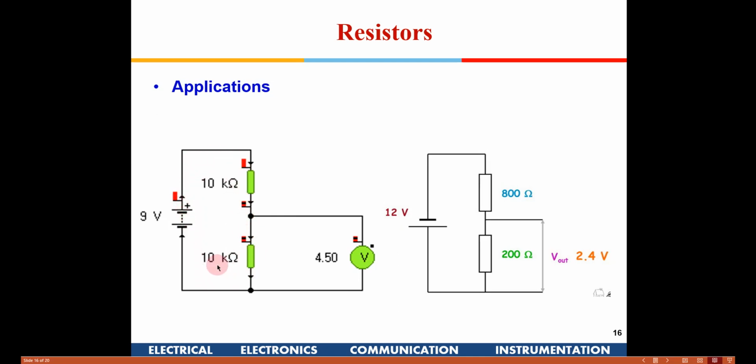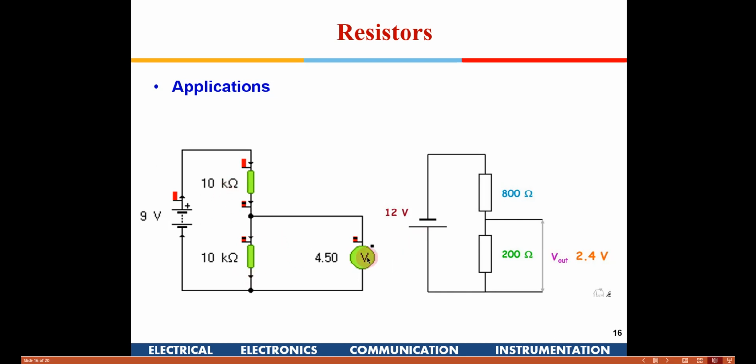I am not really interested in that current; it is going to get wasted as I squared R loss. I am interested only in the terminal voltage, so I should use a large resistance. So why 10k? Suppose I use 1 mega ohm and 1 mega ohm instead of 10k. Still I will get 4.5 volts, but why should I use 10k and 10k?